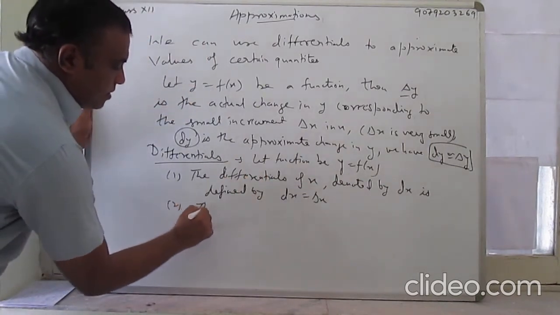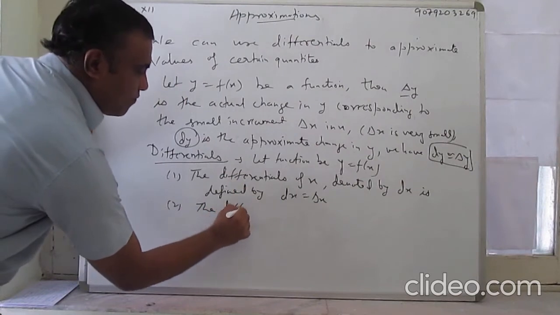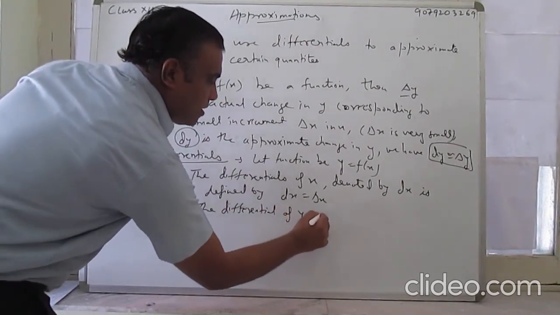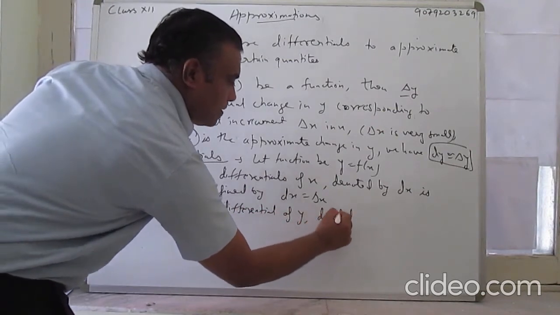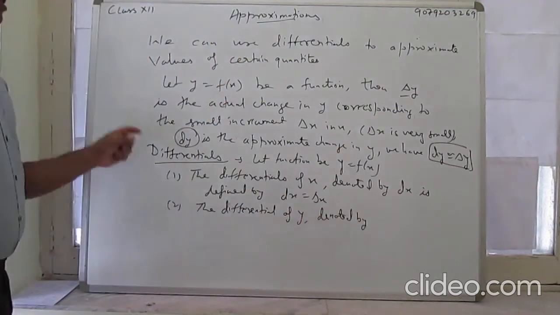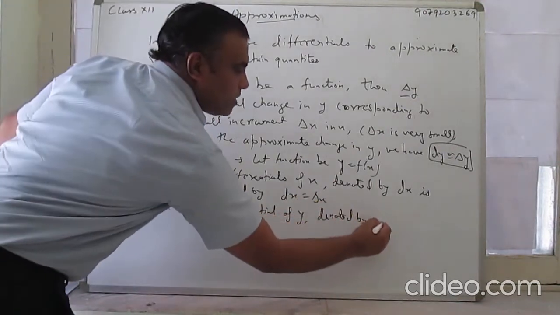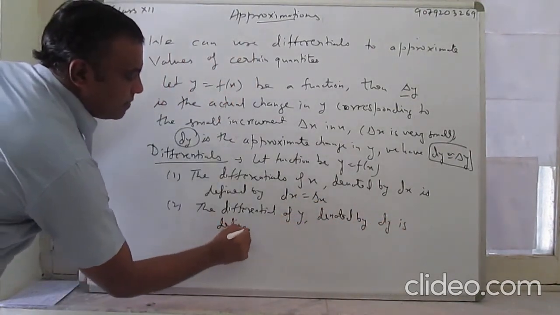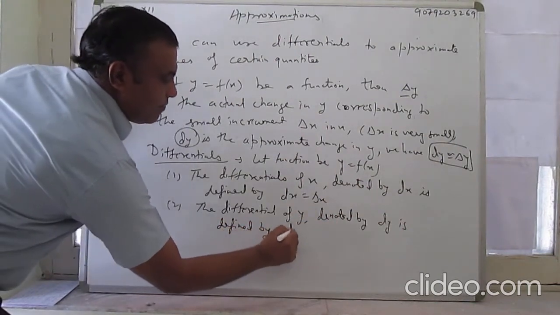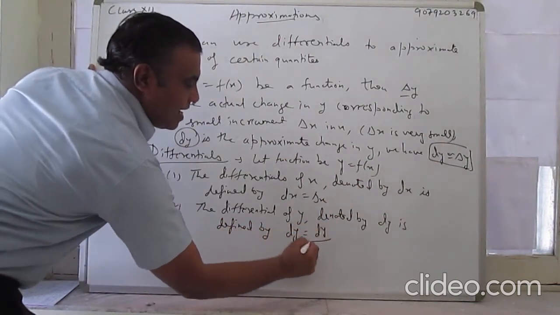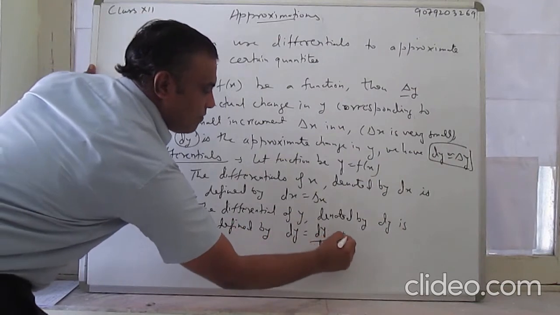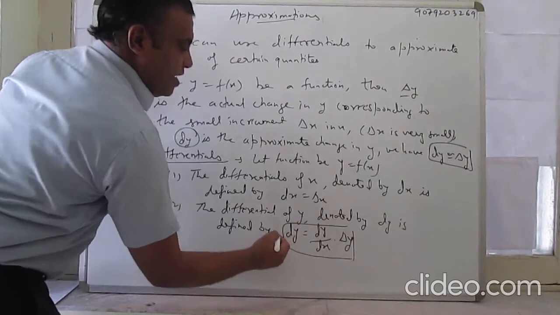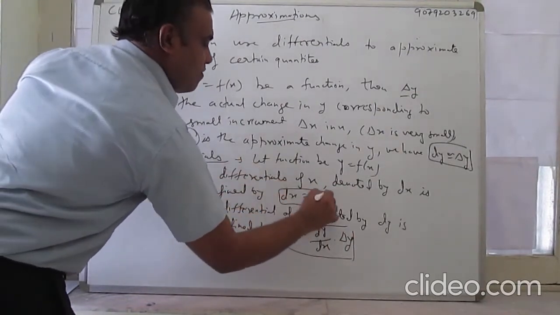Second, the differential of y denoted by dy is defined by dy is equal to dy by dx into delta x. This is the differential of y, this is the differential of x.